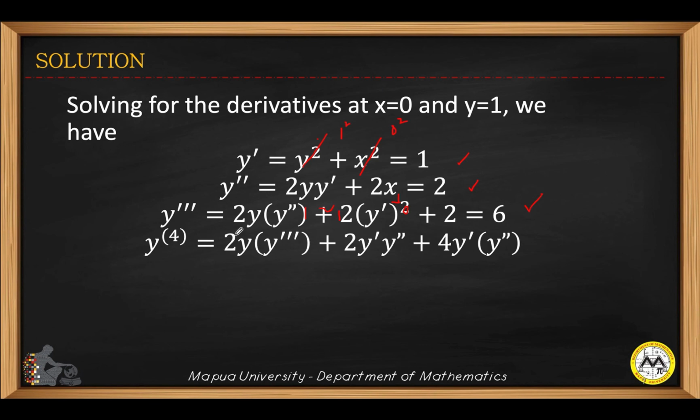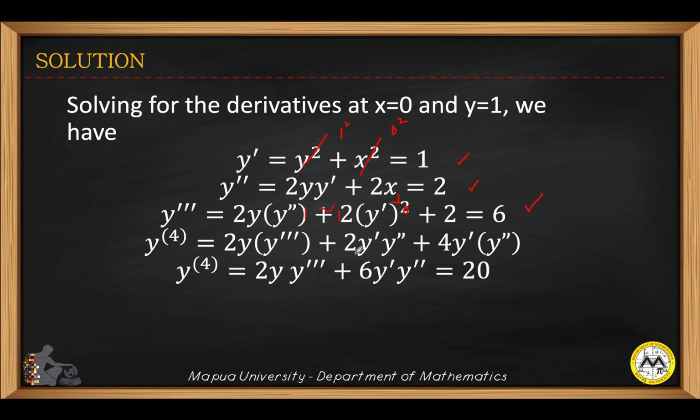And then for the fourth derivative, the derivative of this is 2y, y triple prime, plus, copy, then the derivative of 2y is 2y prime, plus 2 times 2, we get 4, y prime raised to 2, minus 1 will be y prime, then the derivative of y prime is y double prime.